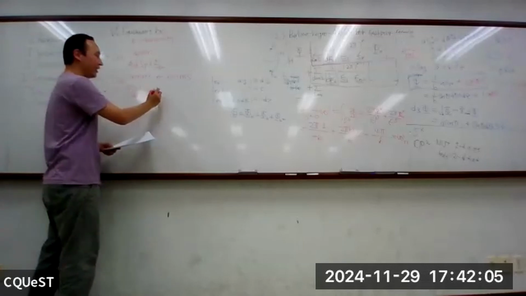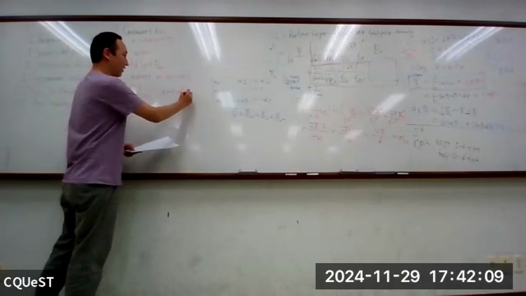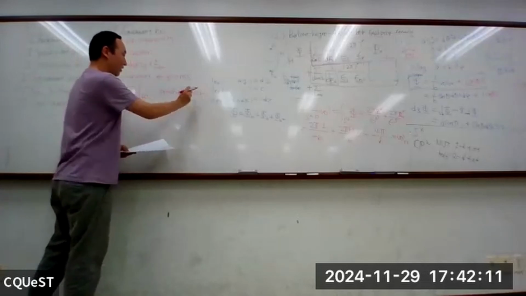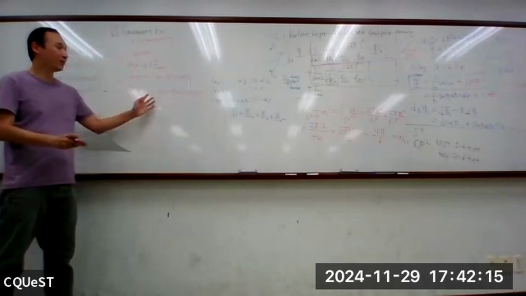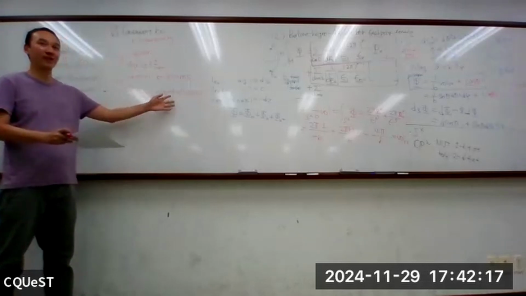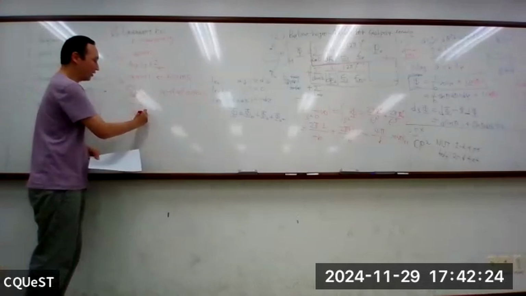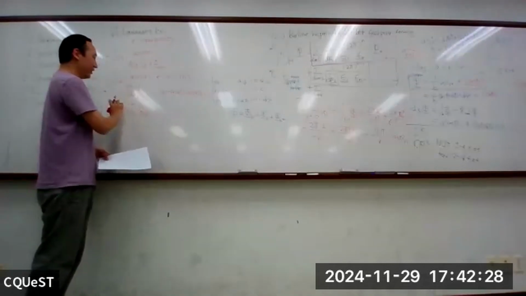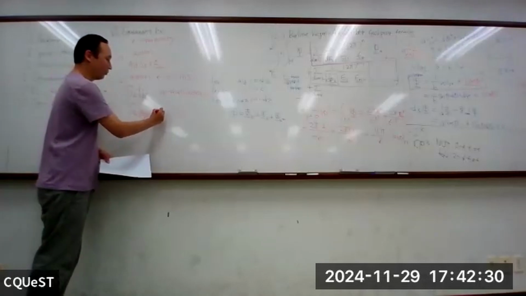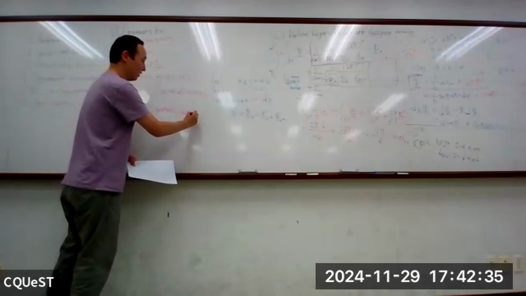And it is already the on-shell action, and nothing interesting. It's already fixed. You have no freedom to extremize, and you already get the answer. But it is no fun. So you partially impose the equations of motion. So partially on-shell action, you write it down.